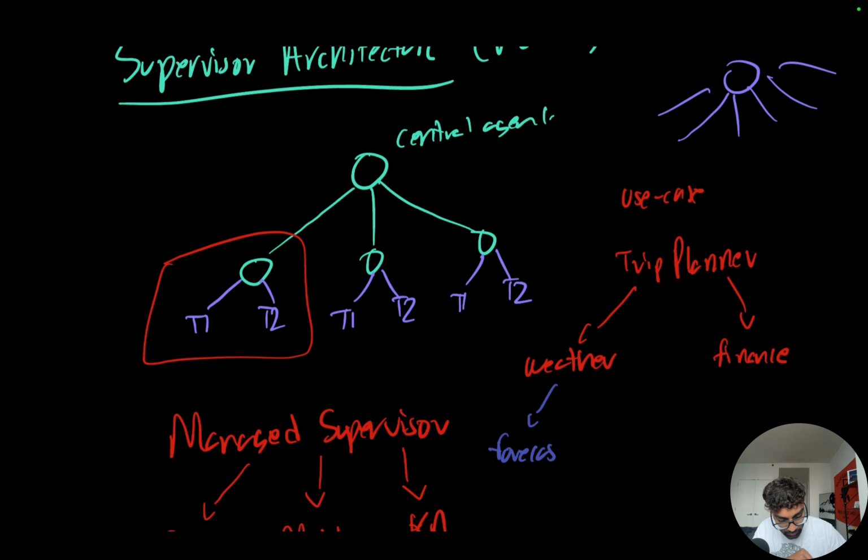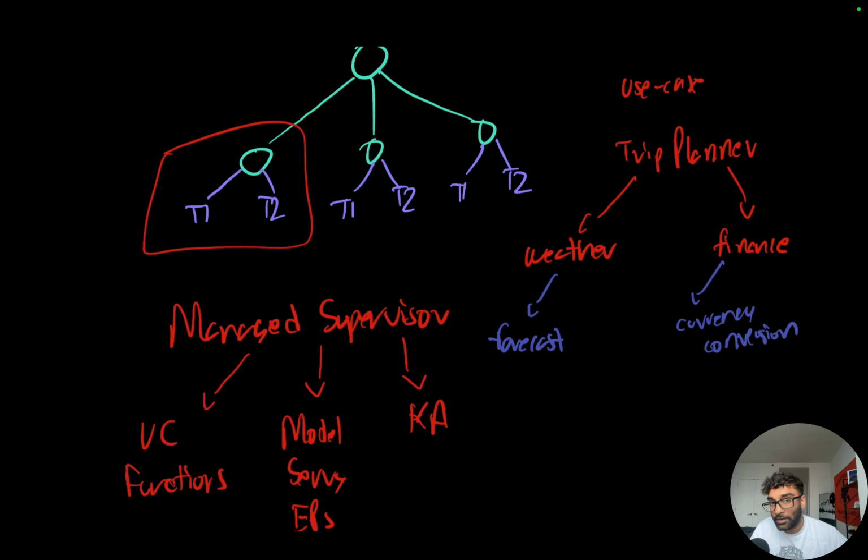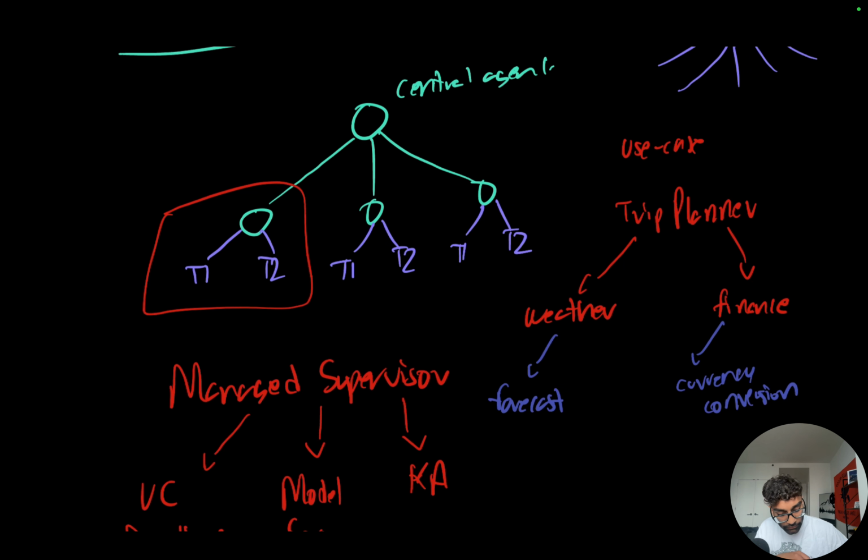These are some public APIs that I just found online with the help of Claude. And maybe for finance, we have things like a currency conversion. There's basically a few tools that are exposed, which are APIs that we programmatically interact with through Python. And here, with LangGraph, we build out this execution flow: this is our central agent, and here we have our different sub-agents that are working together.